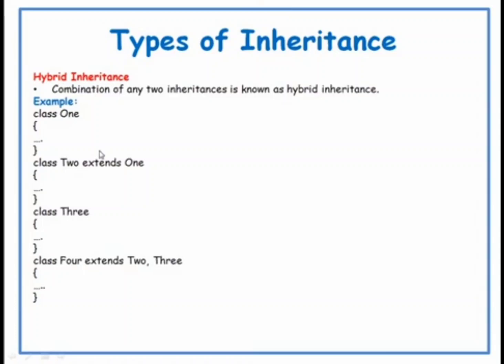It is the combination of two inheritances. It means class 4 extends 2 and also 3. This is the main point here. It is the syntax for hybrid inheritance.